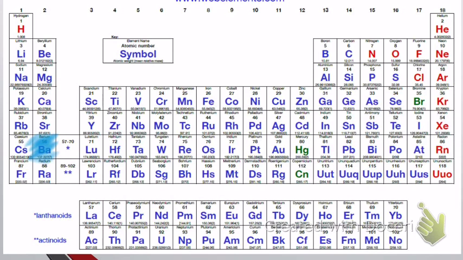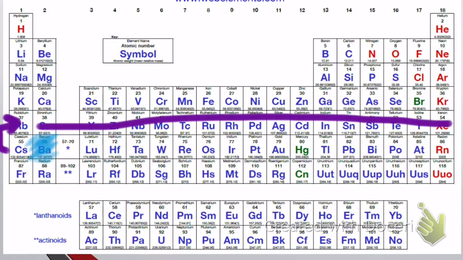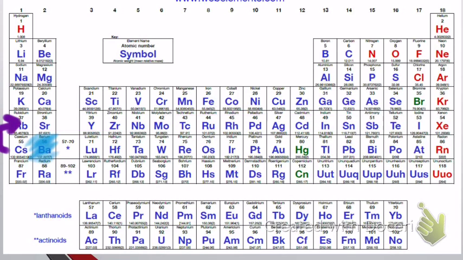So instead, there's another way to look at it. If you go up one row, to this row right here, and look at the noble gas at the end of that row, which is xenon, barium has the same electron configuration as xenon, except it's got two extra electrons.